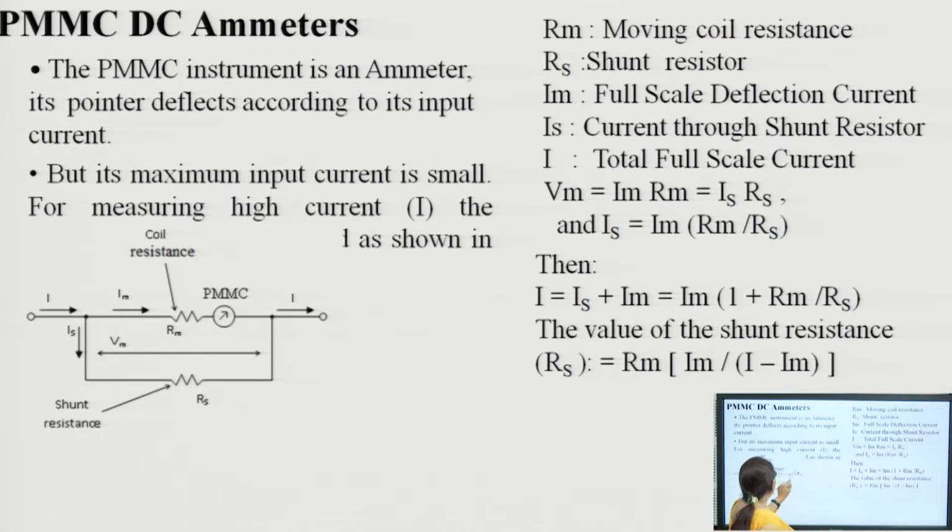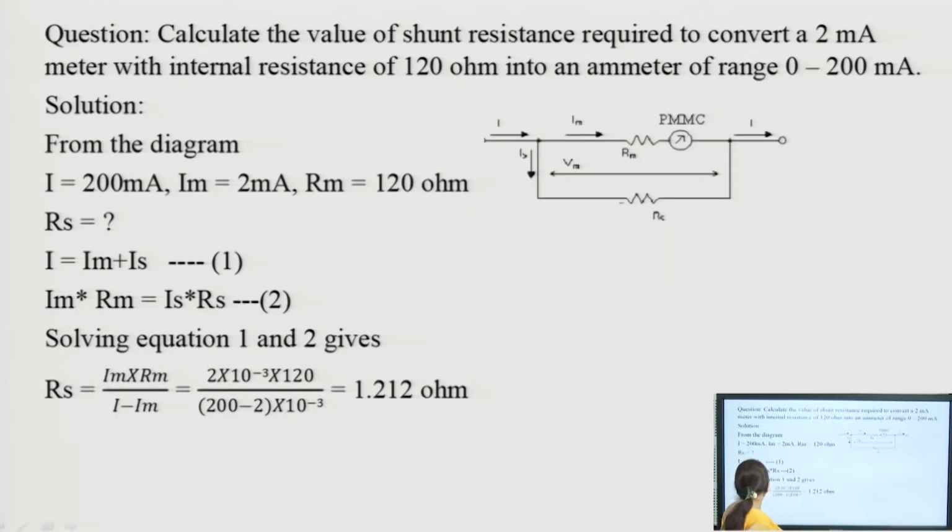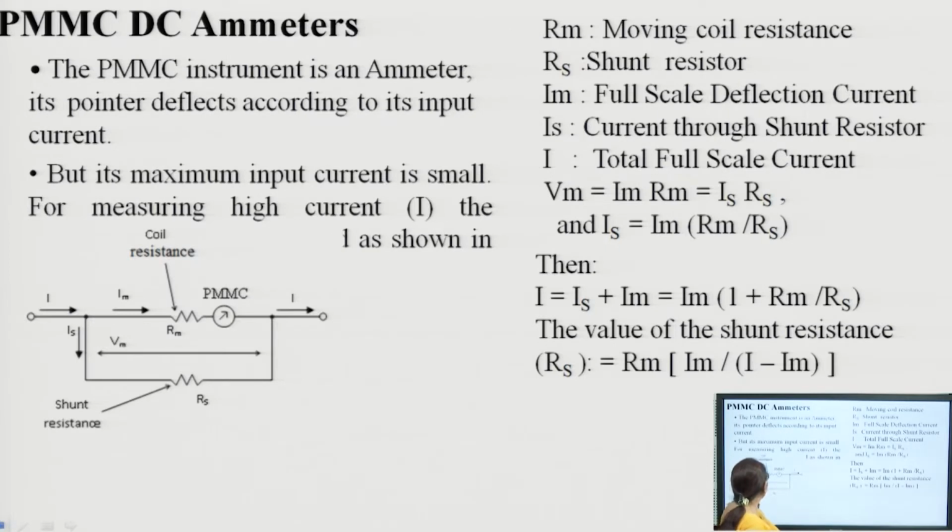If we see this diagram, Rm is the coil resistance, the resistance of the copper coil. Rs is the shunt resistance that we have placed, so that most of the current will flow through it.